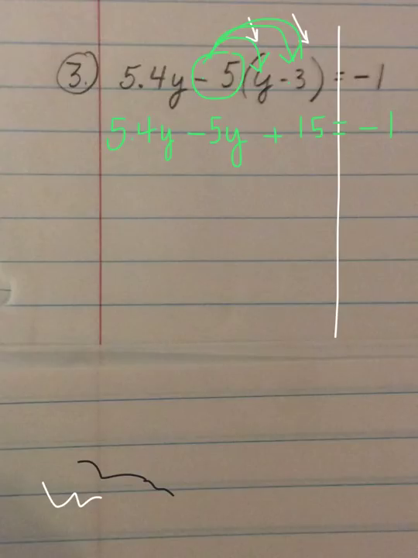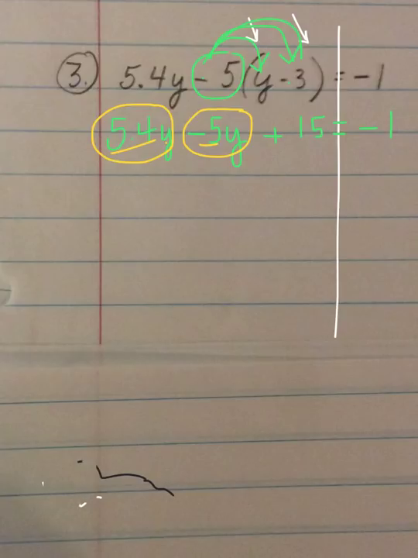Let me check my answers here. Yes. Okay, so now I'm noticing that I can combine this and this together. Why can I combine those together? Well, they both have y's, so they're both y's. So I'm going to do 5.4 minus 5. Let me just do this out down here.